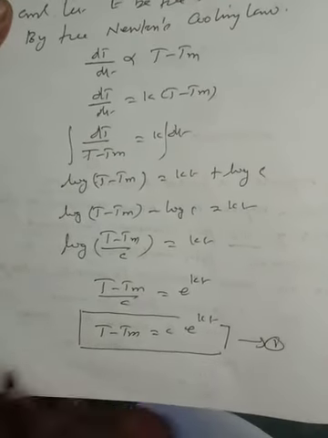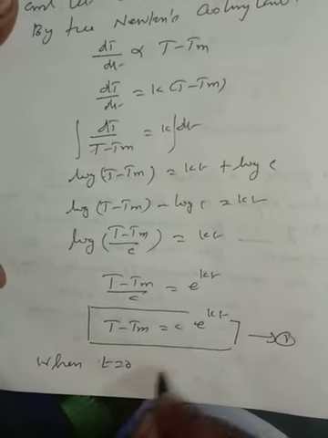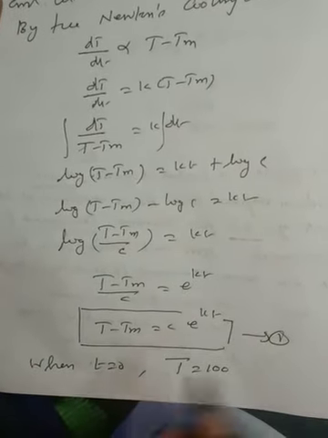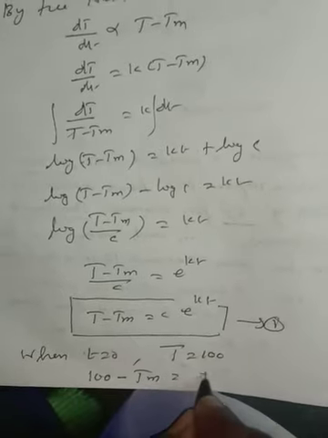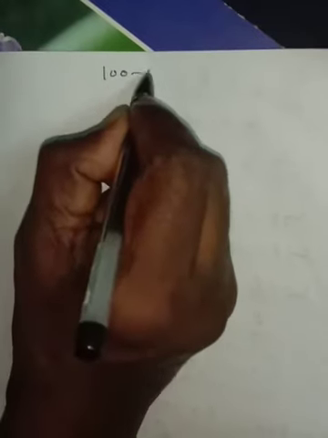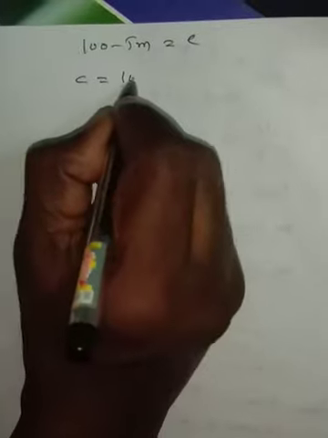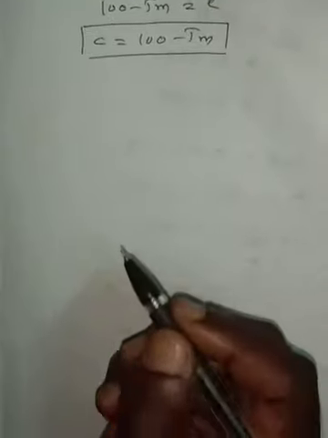When t is equal to 0, temperature is equal to 100 degree. 100 minus Tm is equal to c into e to the power of 0, so c is equal to 100 minus Tm. Substitute c is equal to 100 minus Tm in equation number 1.